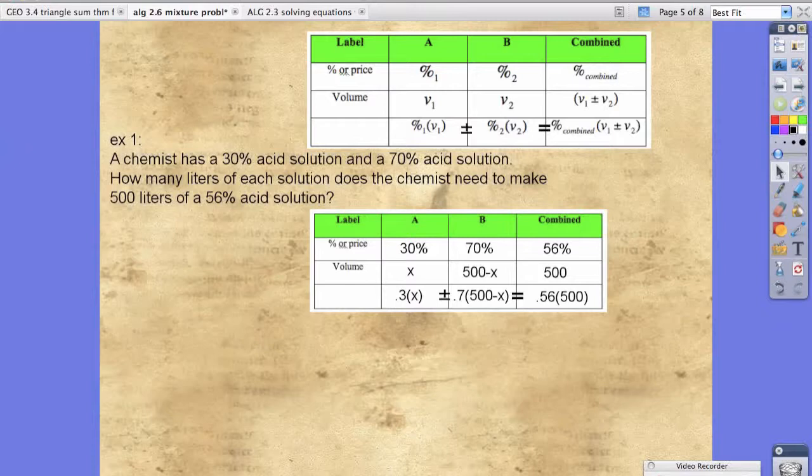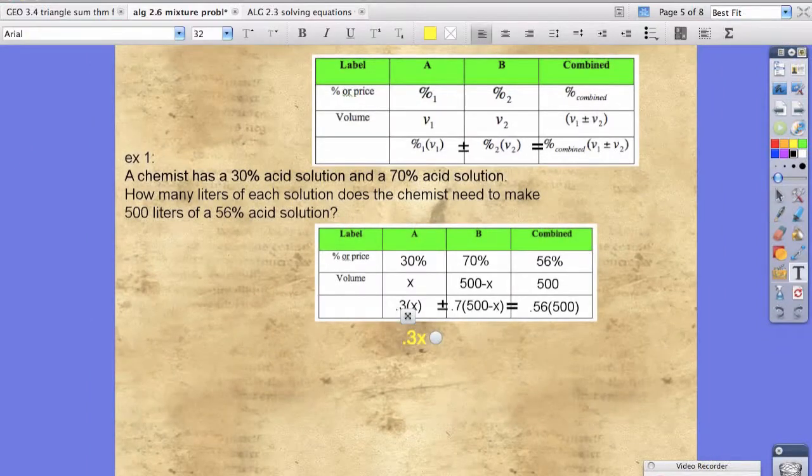So now what we're going to do is simplify our equation really quick. We're going to bring down our 3/10 x, plus 350, because 7/10 times 500 is 350, minus 7/10 x equal to 280.